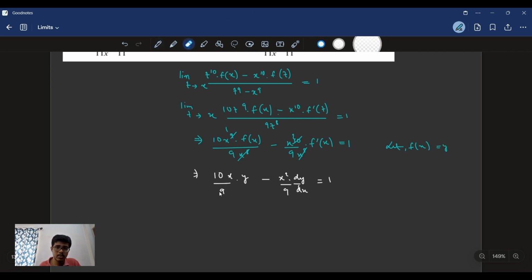So let's multiply both the sides by 9. Now what we need to do is divide both the sides by minus x square, so that we can bring this down to linear form, where the coefficient of dy by dx is equal to 1.